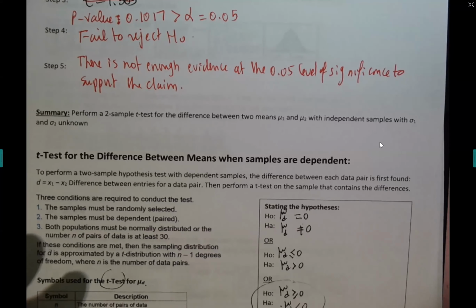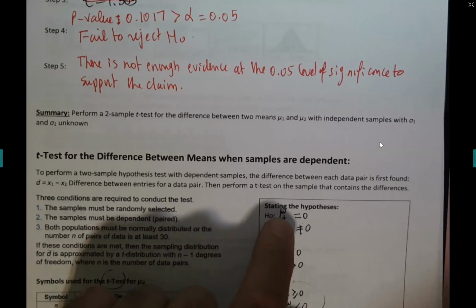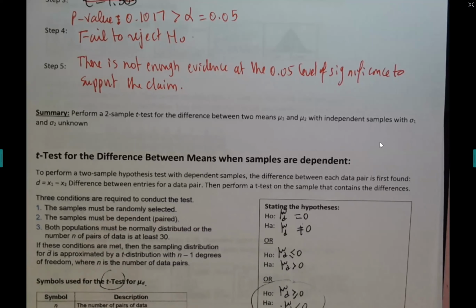When I say there is no difference, that means the difference is what? 0, which is the first one, exactly. So it's going to be the first one. When I say there is no difference between my score before the training and my score after the training, I'm claiming the difference is 0. I mean, it's not going to be exactly 0, but that's what I'm claiming here.